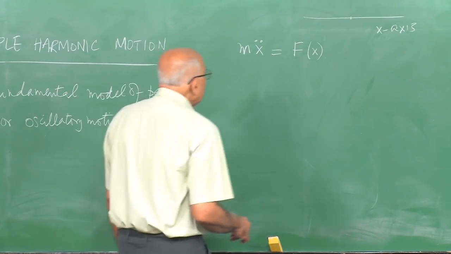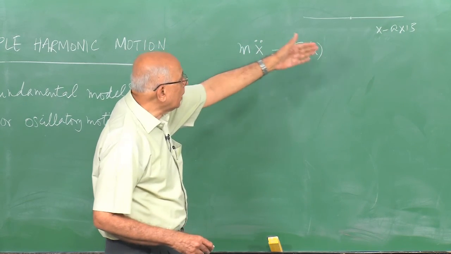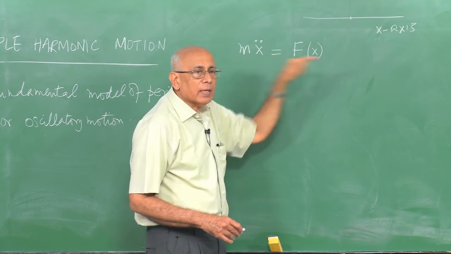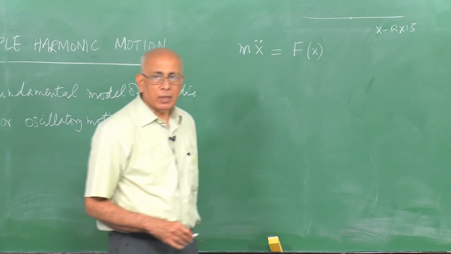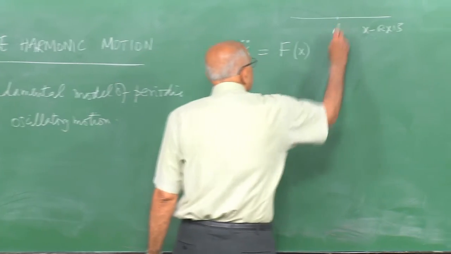Now we have seen that when the force is conservative, I do not put vector symbols because we are in one dimension, and we will take the convention that when f is positive it acts to the right, when it is negative it acts to the left. And here is the origin.